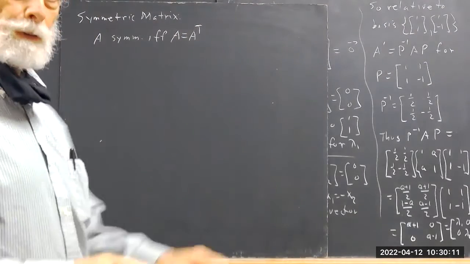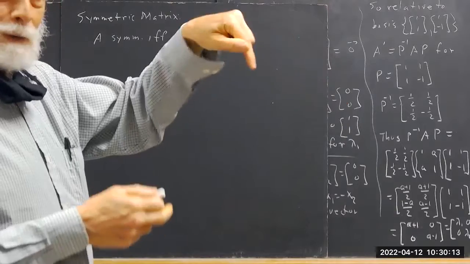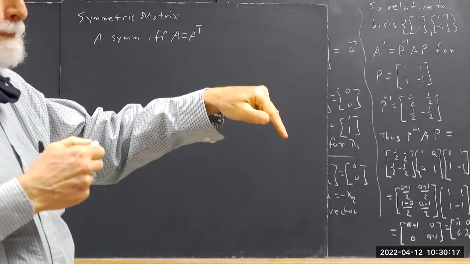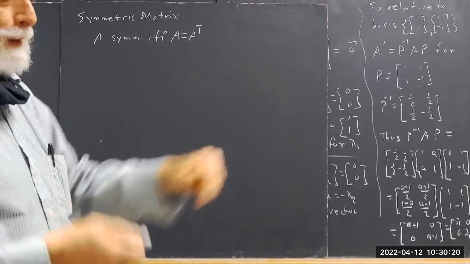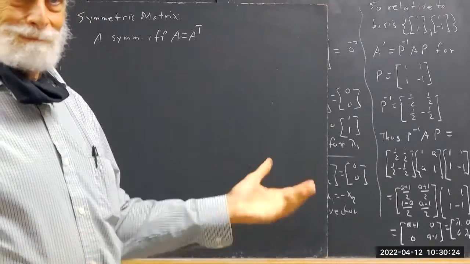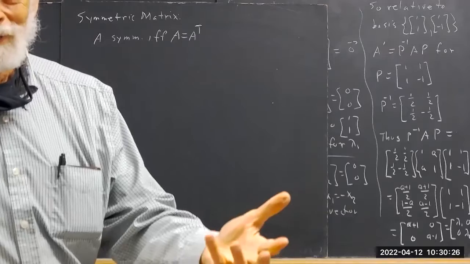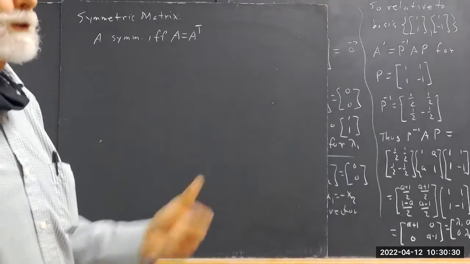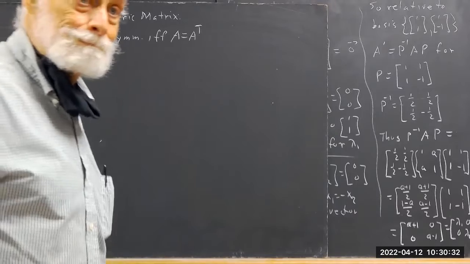Your rows become your columns, and you can see very clearly that your matrix is equal to its transpose. That's what makes it symmetric.